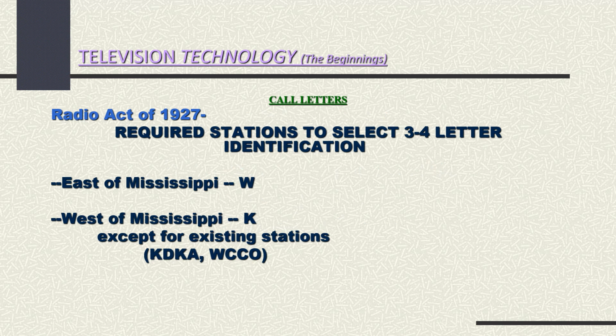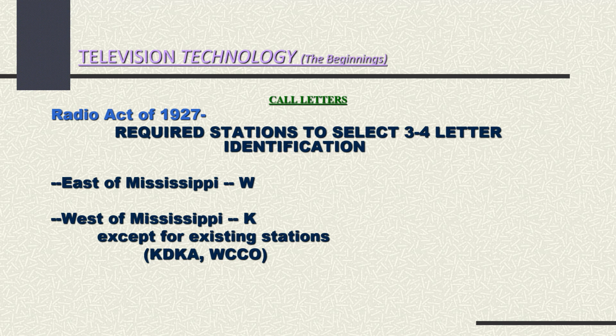In the Radio Act of 1927, it was determined that the call letters would be from 3 to 4 letters, and that those beginning with W would be on the eastern side of the Mississippi, and those beginning with K would be on the west side of the Mississippi.